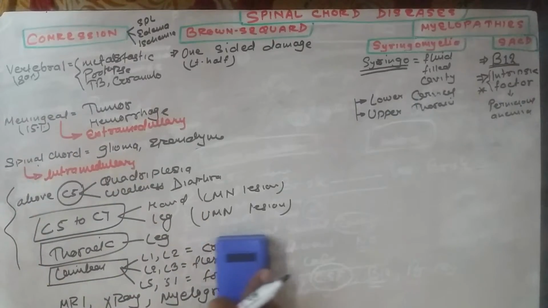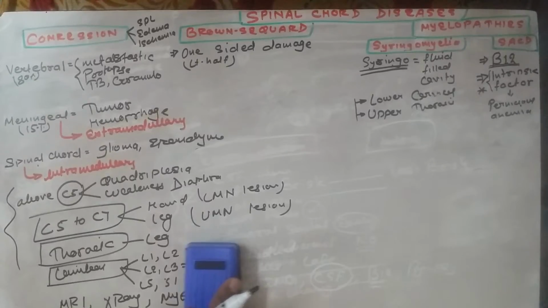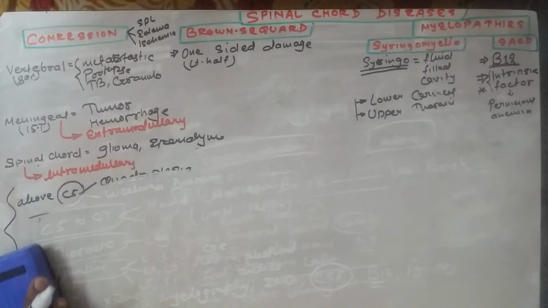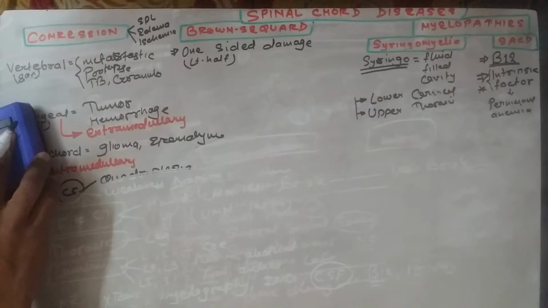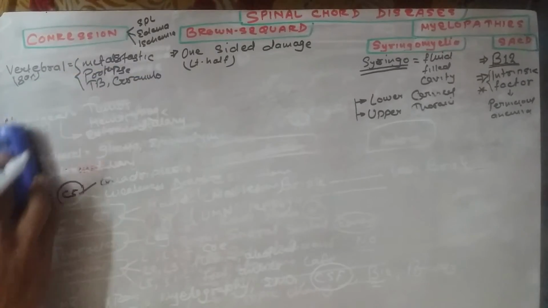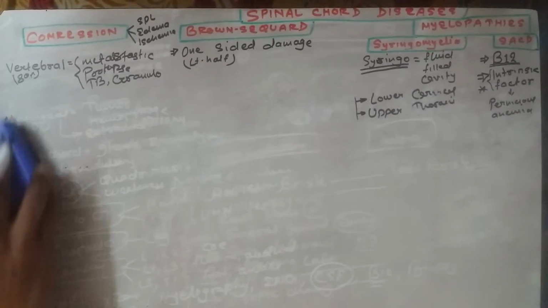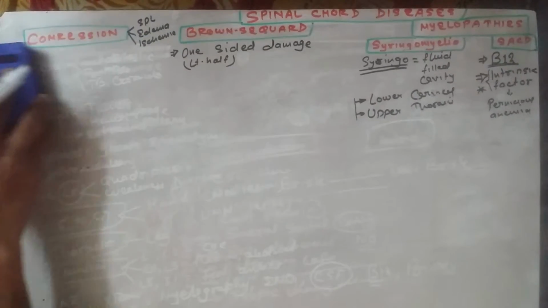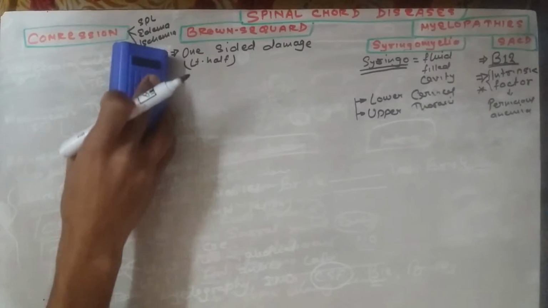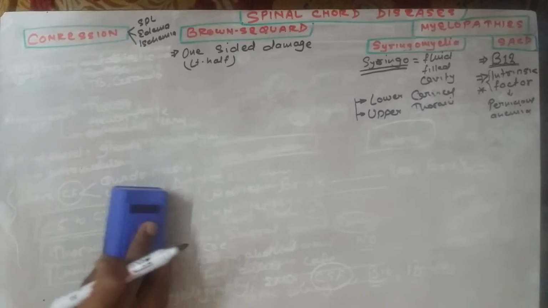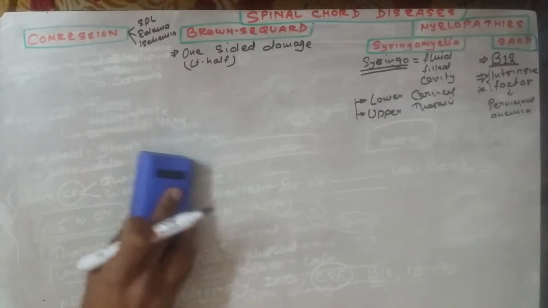So now the second topic is Brown-Séquard syndrome. As I said, Brown-Séquard syndrome is usually one-sided damage, usually of the lateral half of the spinal cord, which causes a band of pain at the level of the lesion.